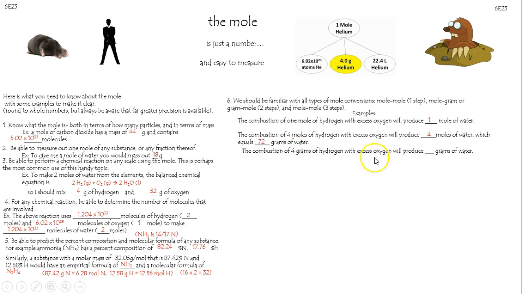Let's burn 4 grams of hydrogen and find out how many grams of water it makes. Well, I know that's 2 moles, so I'm not going to bother with the 3-step conversion. I know that's 2 moles since 2 grams is a mole, and I want to know how many grams of water. Well, it's still a 1-to-1 ratio, right? 2 makes 2, so I'm going to make 2 moles of water at 18 grams per mole.